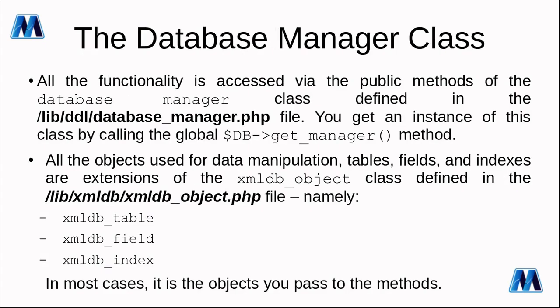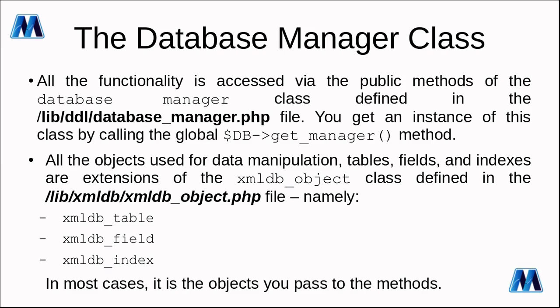So when you want to use the data definition API, you usually will do it via the global database manager class, which is defined in the file that's on the screen there. And you normally get an instance of that class by calling the global DB get_manager method.